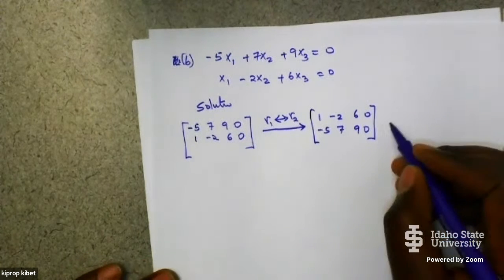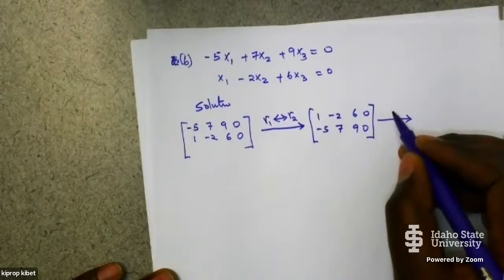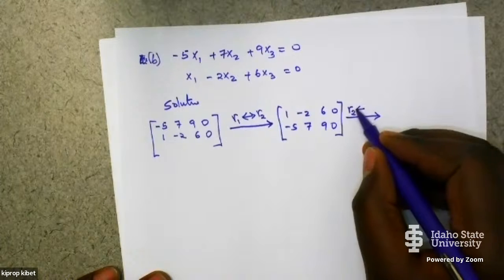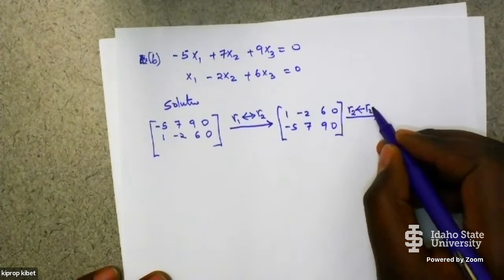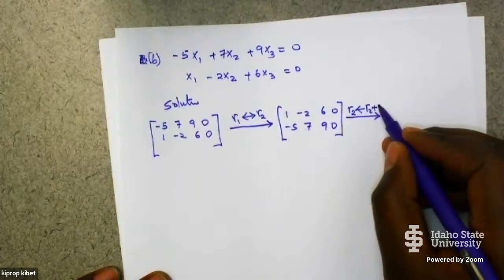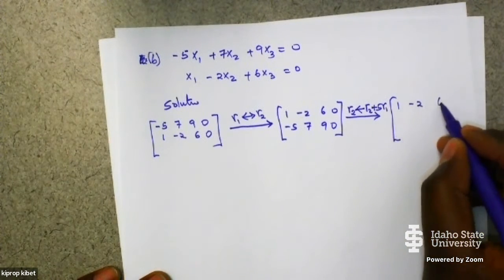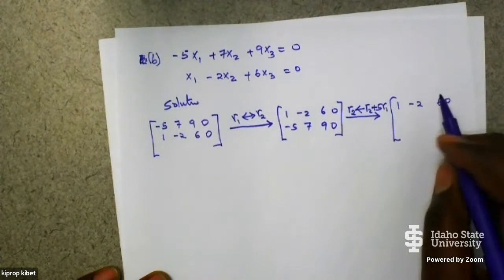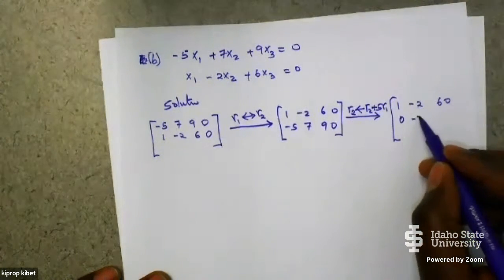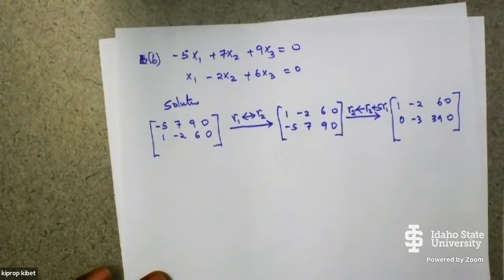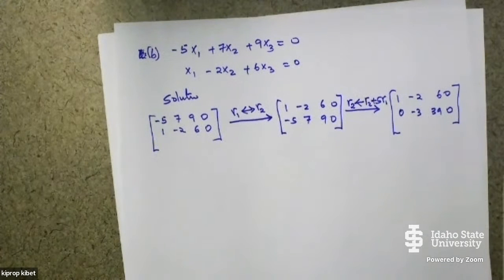Now we reduce the next one. To get the new R2, it is R2 plus 5R1. So we get 1, -2, 6, 0, and then 0, -3, 39, 0. So that is what we'll do.